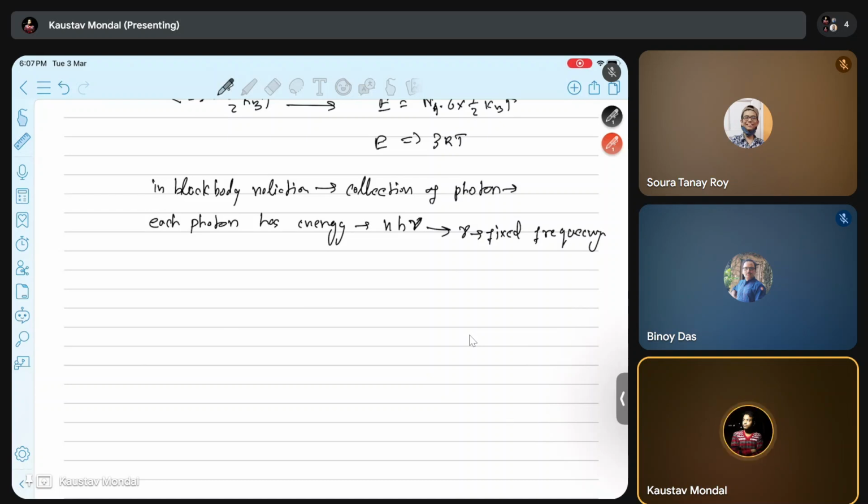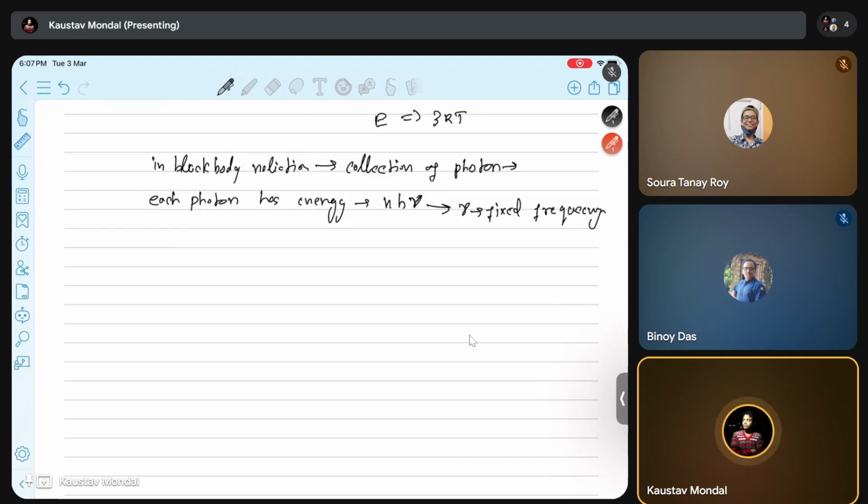Now, using the similar concept, Einstein proposed that each atom in the solid vibrates with a fixed frequency nu.